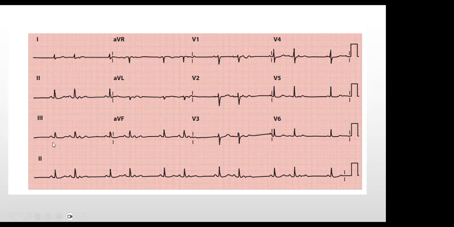Potentially, these P waves and QRS complexes have been initiated from the atrium because of the varied morphology of the P wave and the QRS complex.